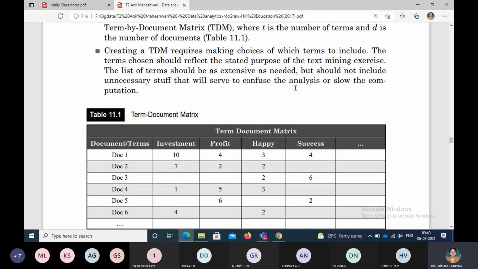If there are very few common words, we can reduce the dimensionality of the data, which helps improve the speed of analysis and gives meaningful results.